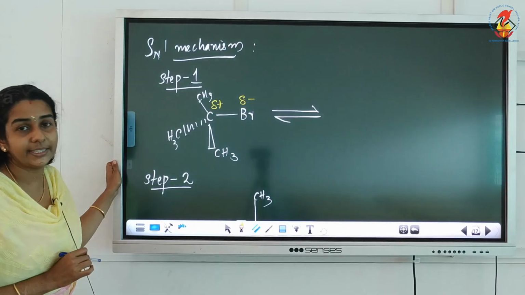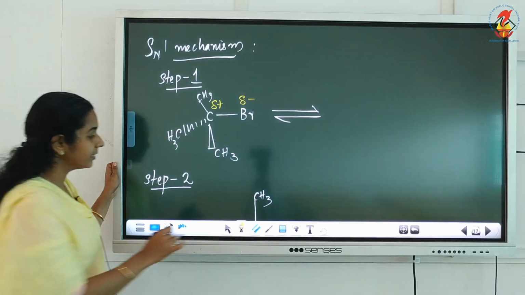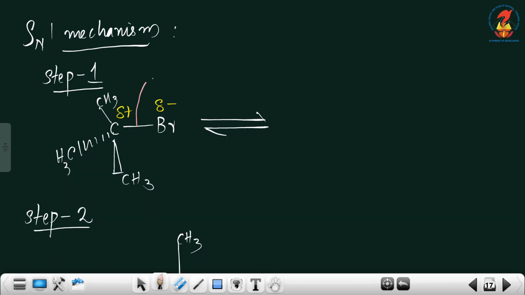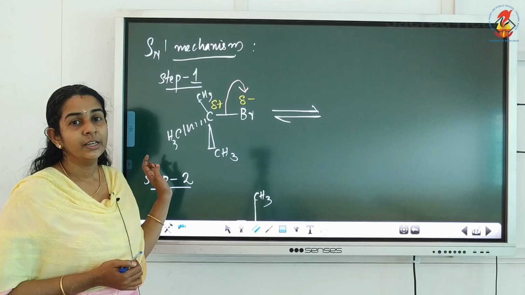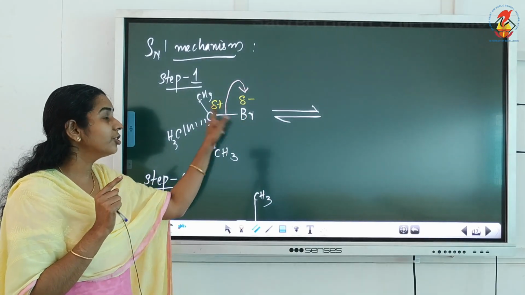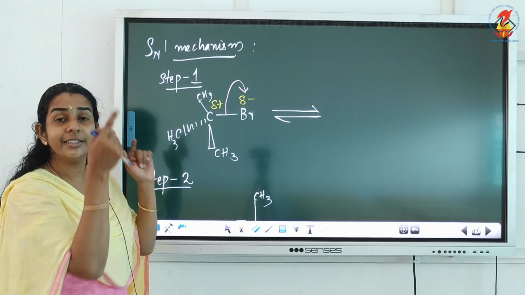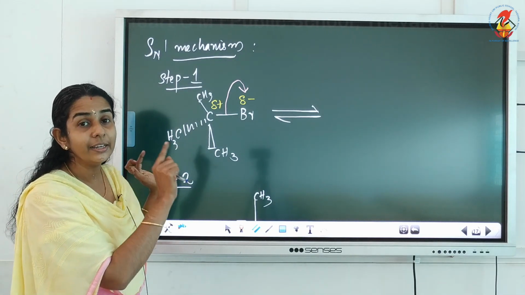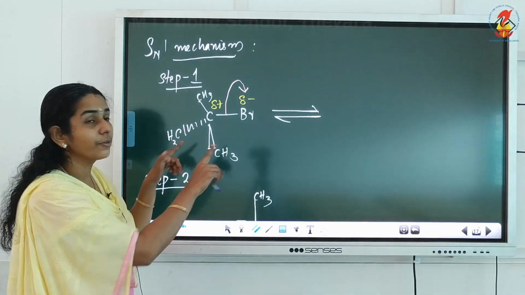In the first step, the halogen goes as X minus, or Br minus, with the bond pair of electrons. In SN2, at the time the halogen is leaving as X minus, the nucleophile is attacking from the back side.